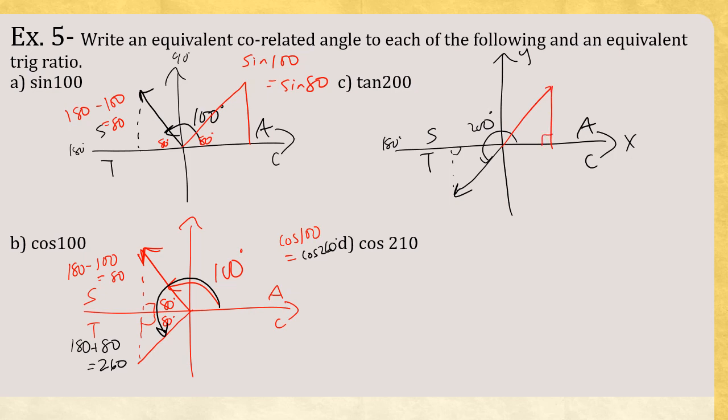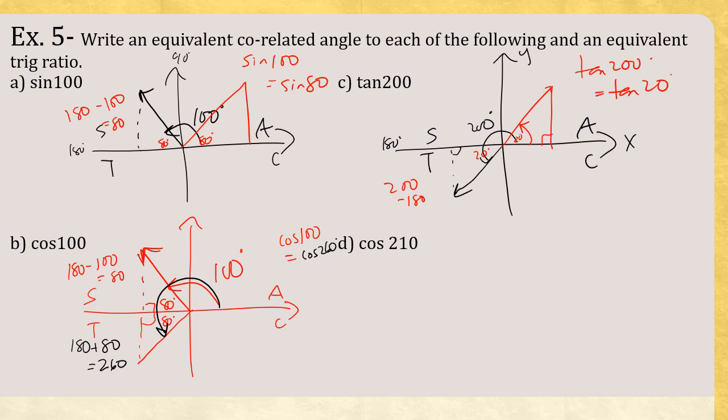So I've got to figure out what this is, which means I need my correlated acute angle. How do I figure it out? Well, if my first one's down here and I subtract 180, I get what's left over, 20. If that's 20, that's 20, which means tan 200 equals tan 20.